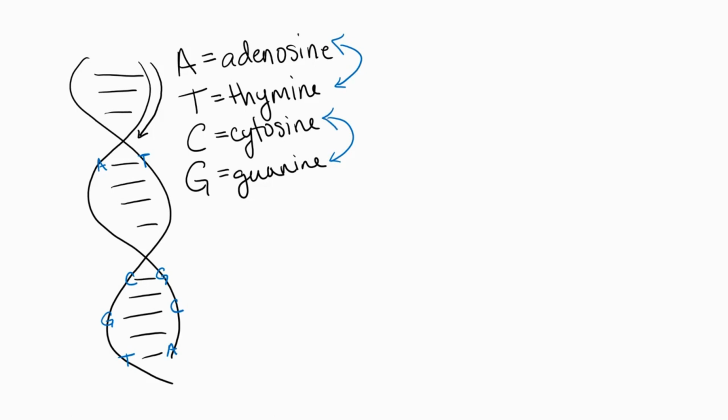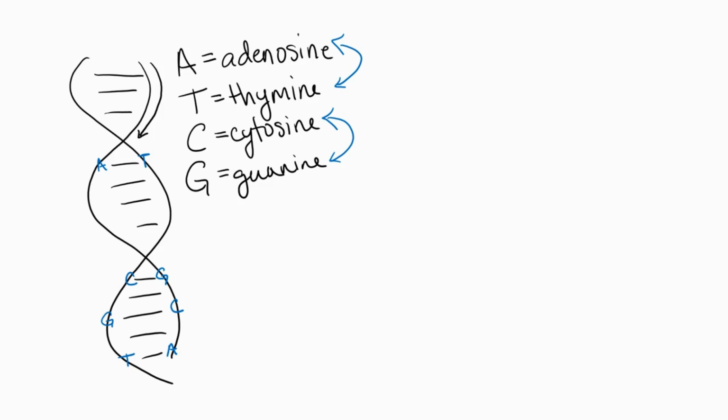Now, the next thing we need to know is that when we have a section of DNA and we're looking at it, that section is going to tell us about genes and about heredity, which is really what your class is about. And so we're going to really focus on that information.